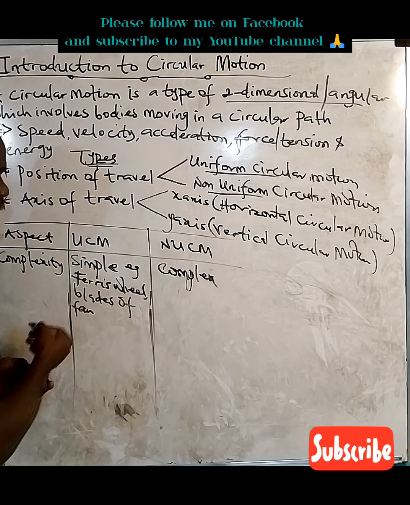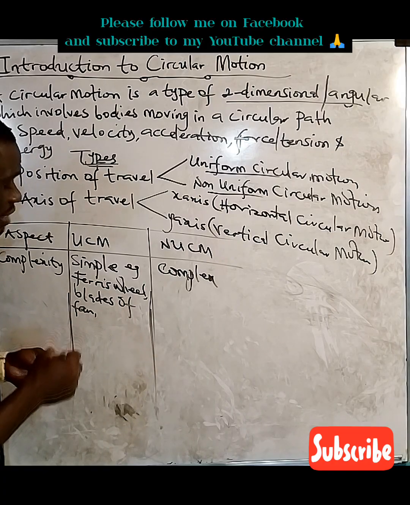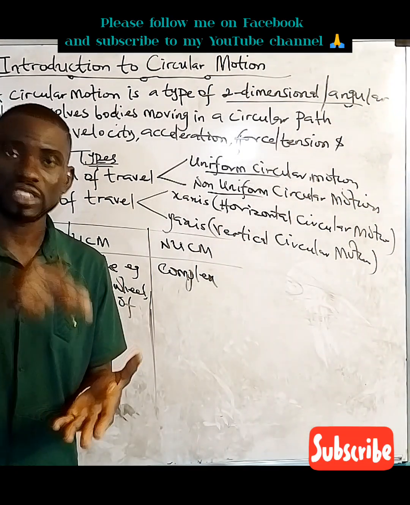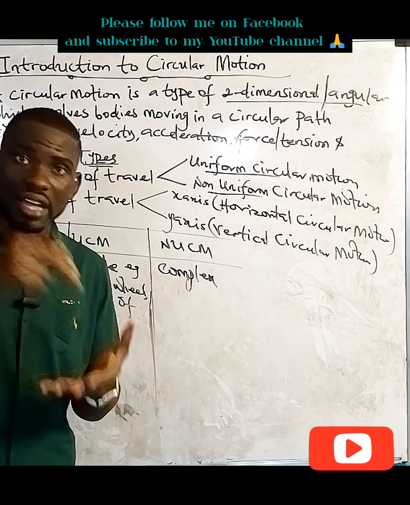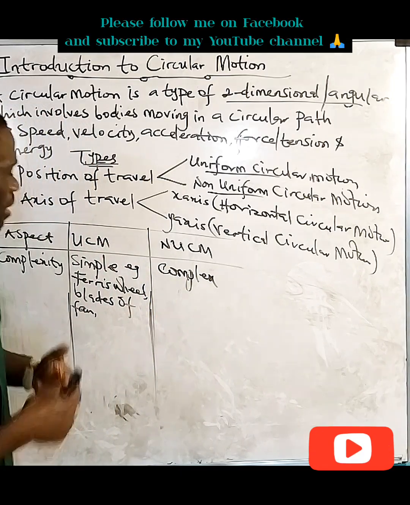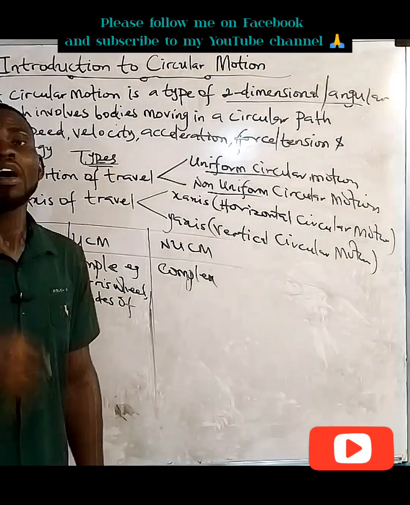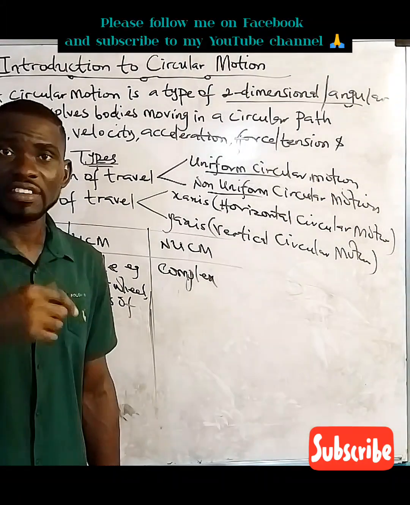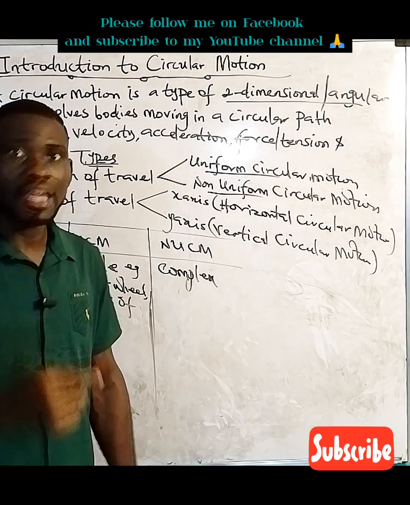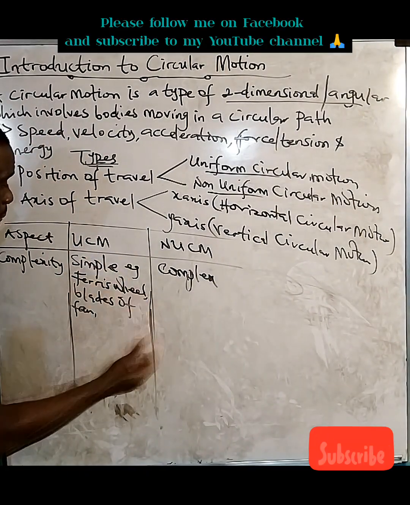We also have satellites orbiting the Earth, even the wheel of a car, the way it moves, and so on and so forth. We also have an example such as a ball, or a pendulum bob, being tied to a string and being rolled around like this. So we have different kinds of examples under the uniform circular motion.